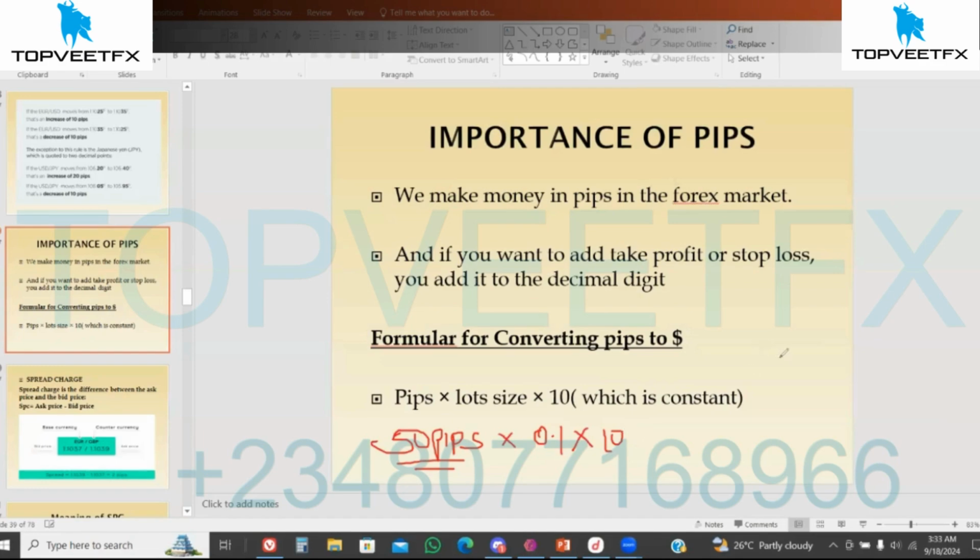Remember our pipette that we said 0.1, 2, 3, 4, 5, 6, 7, 8, 9, 10 before it will now make a pip. That is all this 10 stands for. So 50 times 0.1 times 10, if you punch your calculator, it will give you $50. That is how we convert pips to dollars.